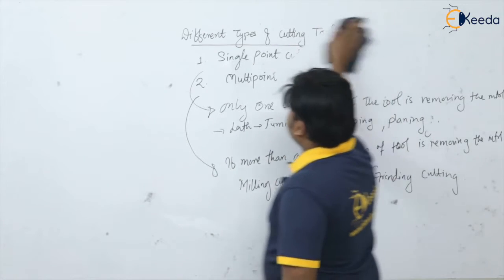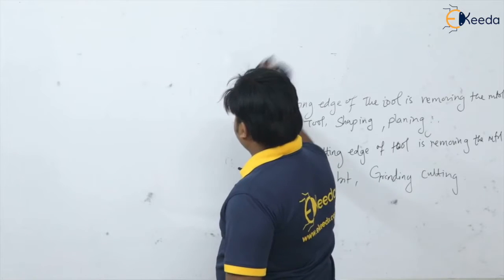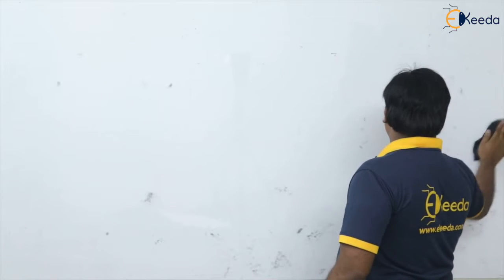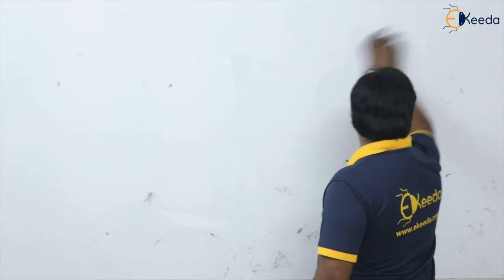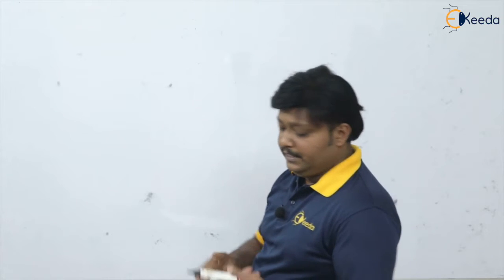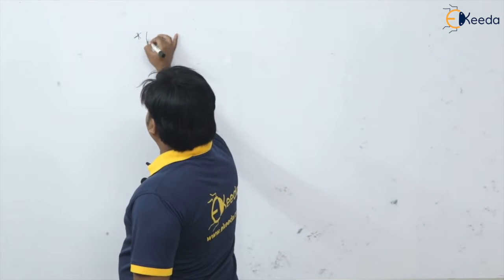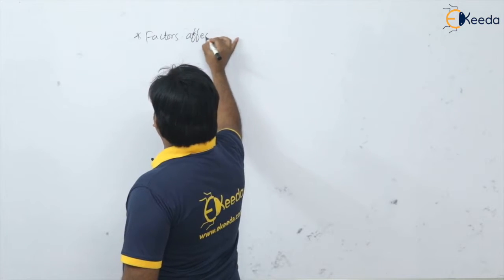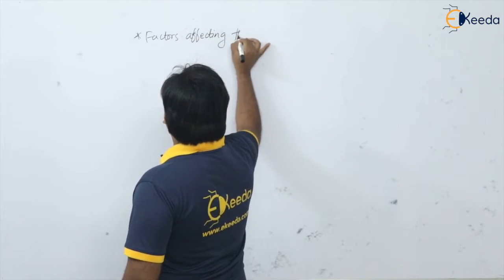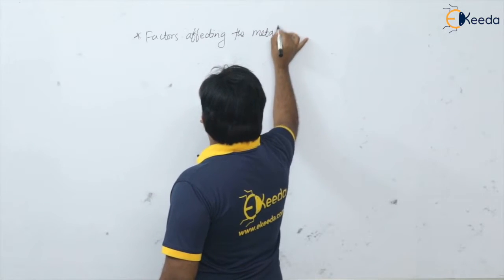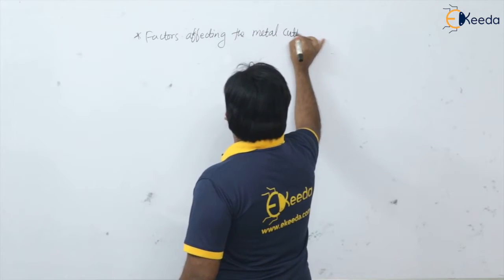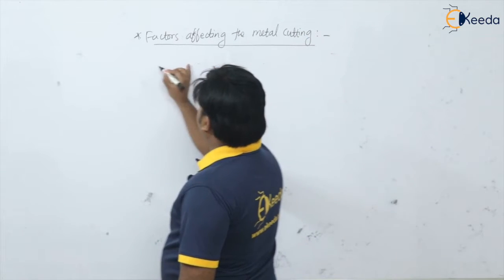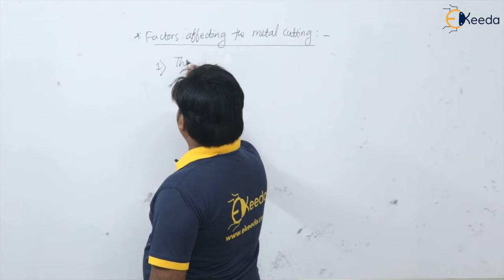Now let us see which are the factors affecting the machining operation. Next point, the factors affecting the metal cutting or machining. So the first thing, what? The workpiece material.